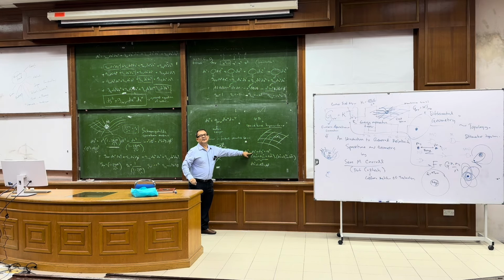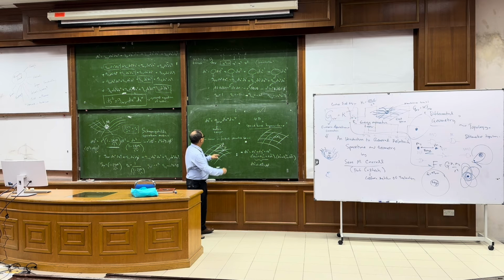This is space only, and I taught you this in the first two lectures: dr dot product dr. Can you apply this in tensors also, even in high-dimensional space, not just 3D?